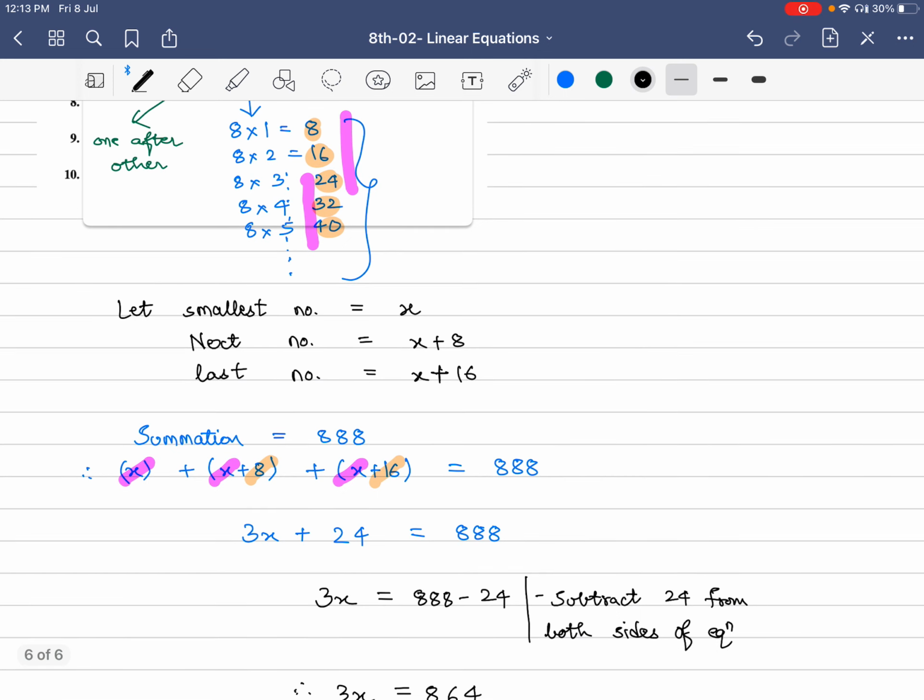Is something wrong? Let the first number be x, then the next number will be x plus 8, correct? The next number will be x plus 16, that is also correct.